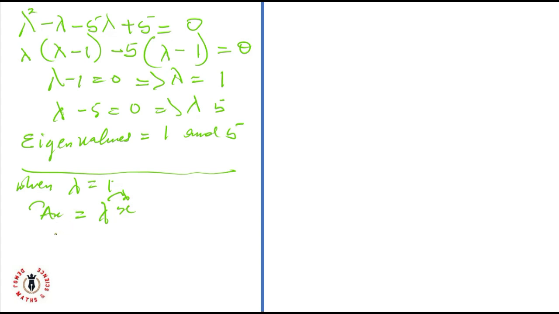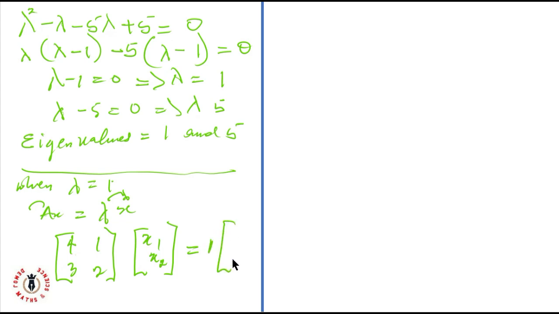So I can bring back my square matrix, which is 4, 3, 1, and 2, multiplied by x, which is our eigenvector, x1, and let's tag this x2, equal to our lambda, which is 1, of course, times x again, x1, x2.